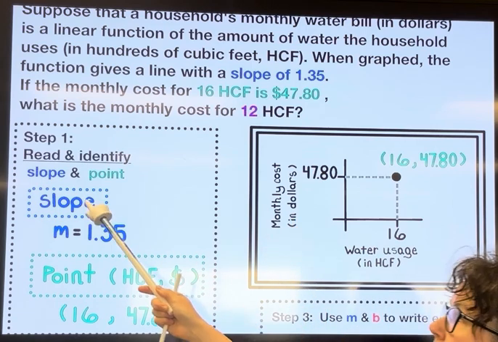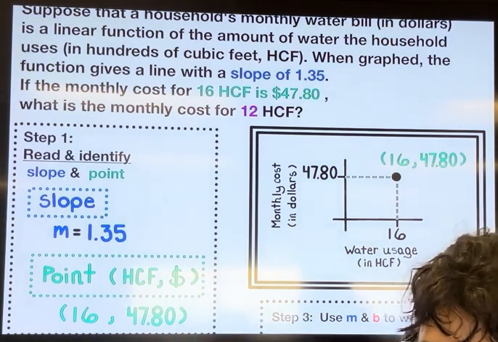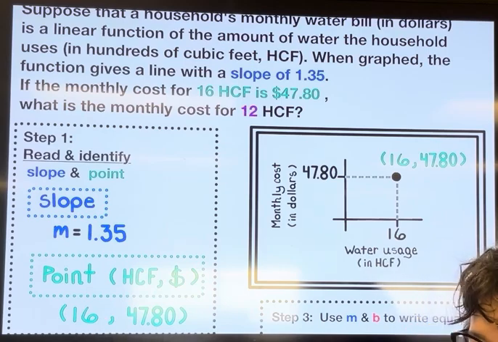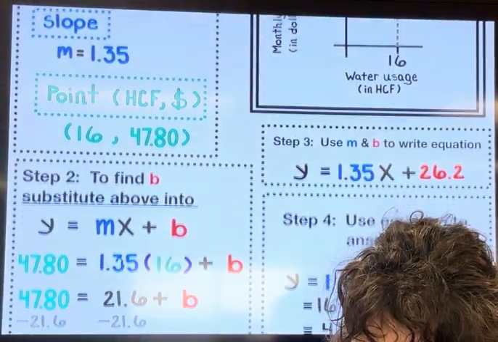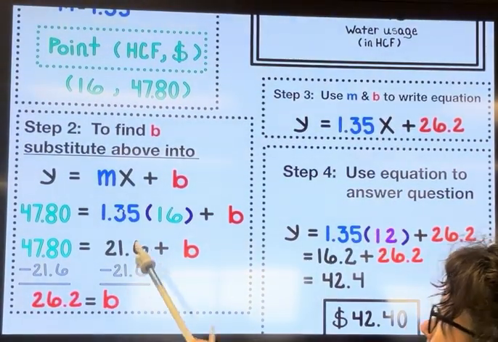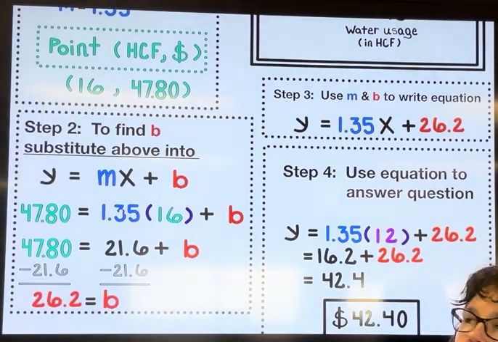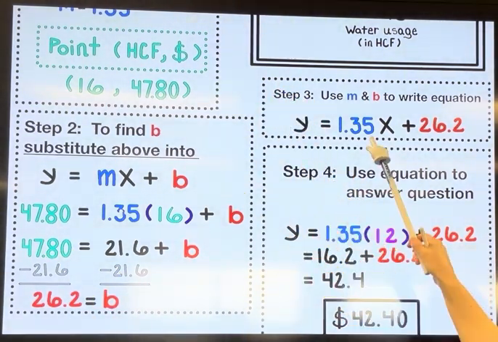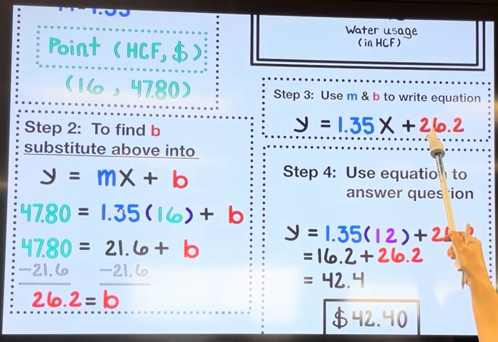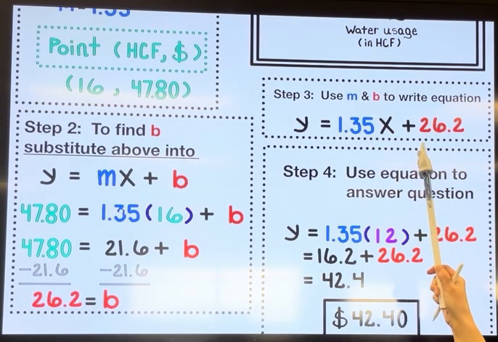So once you've written down your slope and a point, you're going to put both of those into your equation to find b. And now you know both m and b, so you can write your equation. You're ready to use your equation to answer a question, and so that's when I substituted in the 12.